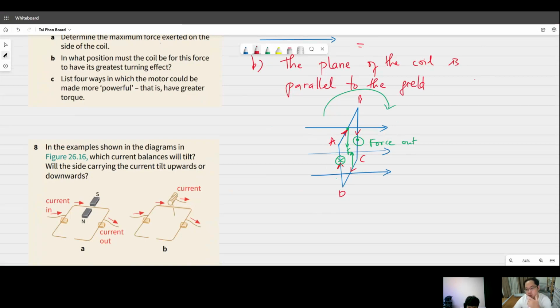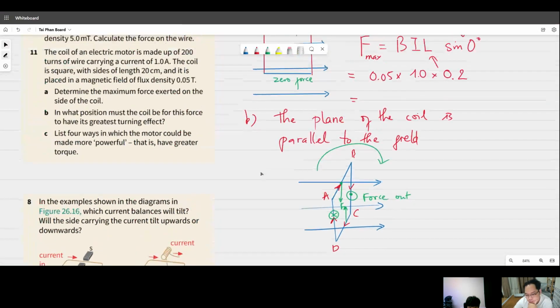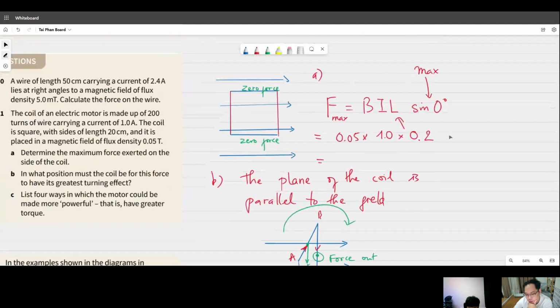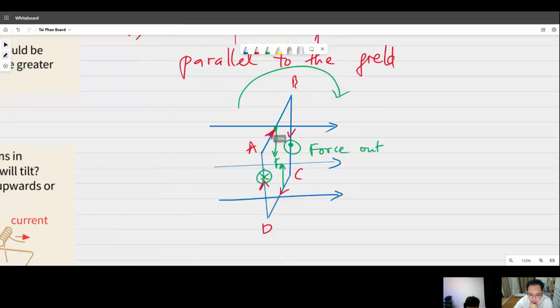I still have some difficulty explaining it. It all deals with the direction of the forces. If the coil is at right angle to the field like this, there will be zero torque, zero moment, because the plane of the coil is in vertical orientation.